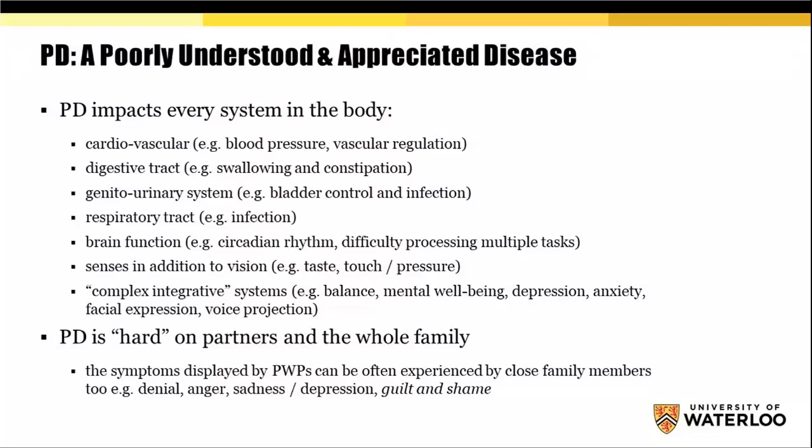Also, things like binocular vision, convergence, eye movements, that sort of thing. It has impact on all of those functions. So it's not just a movement disorder as it used to be classified. PD is hard on partners and the whole family. The symptoms displayed by people with Parkinson's can often be experienced by close family members as well. Next slide, please.